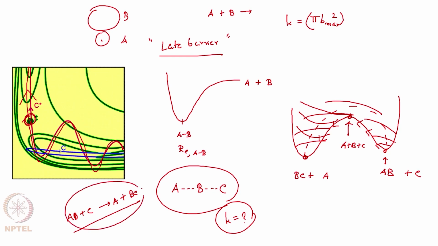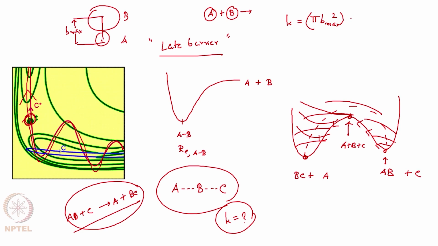We said atom diatom reaction, but now I am talking about an even simpler thing, a reaction between say two atoms, A and B, or two molecules, doesn't matter. So the Bmax is defined as the parameter which is basically the addition of their radii.